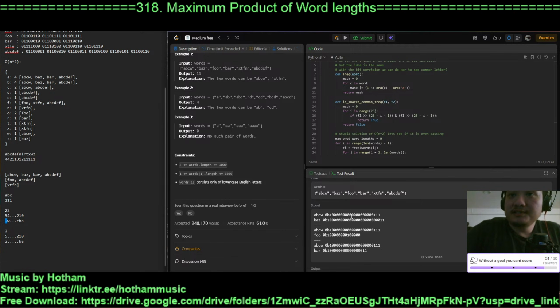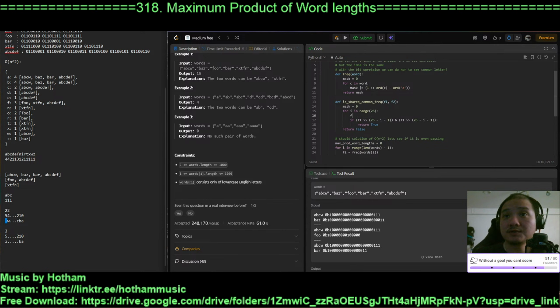For 26, you shift left. So if the first character, 26 minus 0 minus 1 is 25 times, we do F1 I equal, F2 I equal.